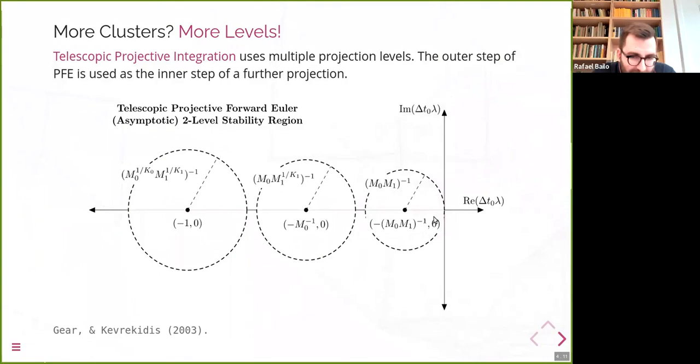So having more species would introduce more clusters. You'd have to do more levels. Having this dependence on the density would introduce a more complicated structure, but you can still capture it by picking the right levels and the right parameters. So it turns out to be a very versatile problem.